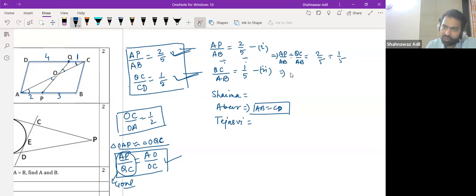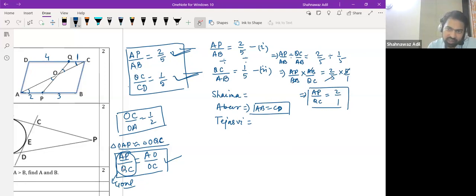So this would be AP by AB into AB by QC, which is 5 by 5 into 2 by 1. So did I get my answer? Yes. This was the information that we needed.